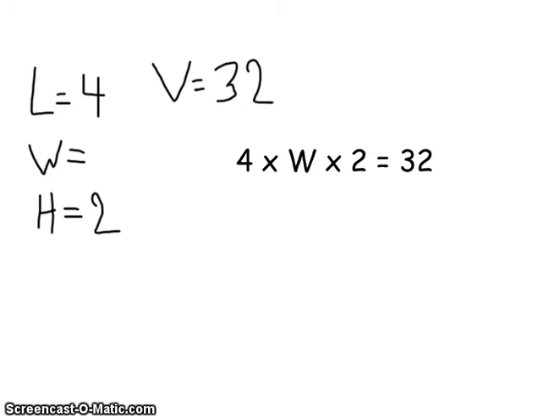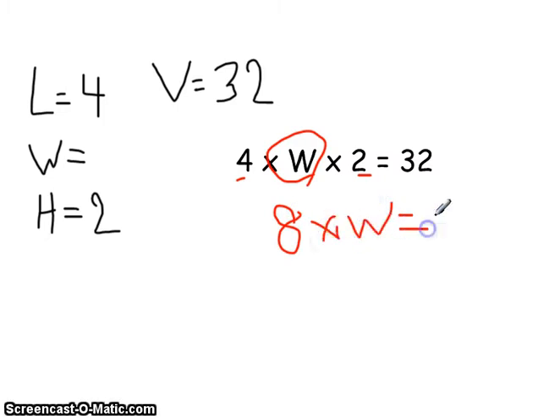Okay, so I have this filled in with what I know so far. Now I need to figure out what is the width. Well, I'm going to go ahead and multiply together the 2 numbers that I do have. So 4 times 2 is going to give me 8. But I still don't know my width. But I do know that this together equals 32. That's my volume. So now I need to figure out the width.